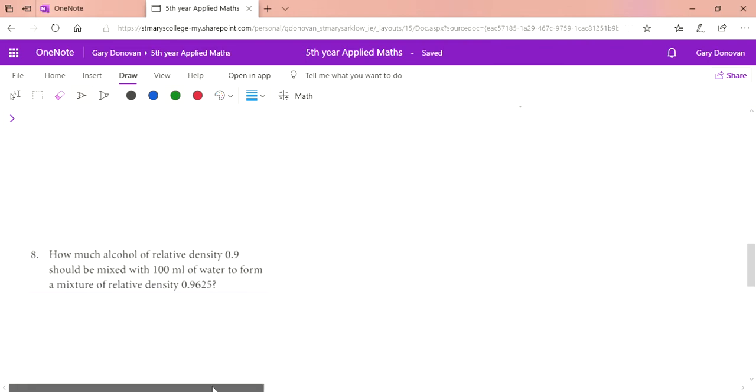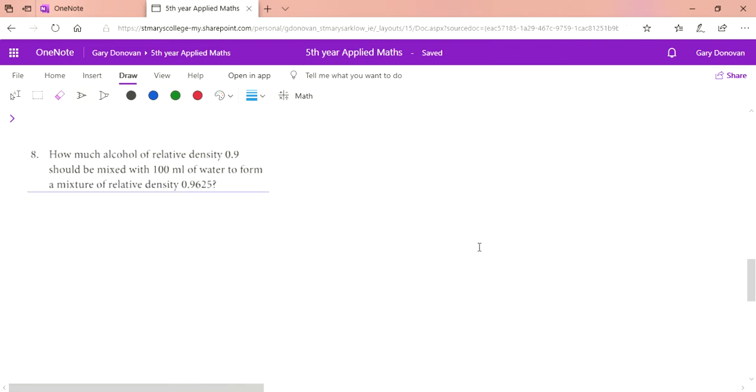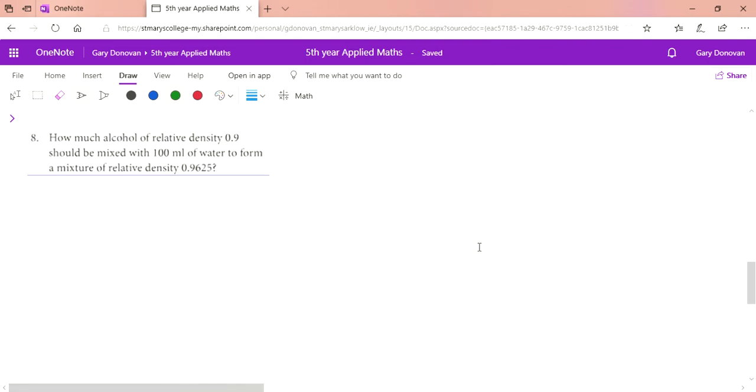Last question, and I won't go through this fully: how much alcohol of relative density 0.9 should be mixed with 100 milliliters of water? So we have relative density of the alcohol 0.9, which means density of the alcohol is 900. We know the density of water is always 1000, unless they tell you otherwise.